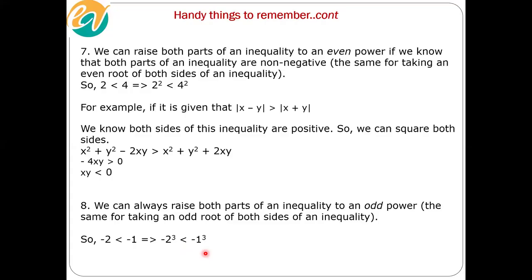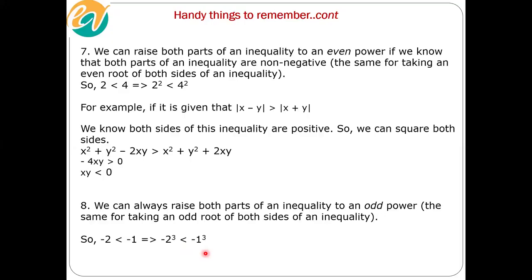You can raise both sides of an inequality to an even power, for example, squaring. You can raise both sides of an inequality to an even power only when you know that both sides of the inequality are non-negative.